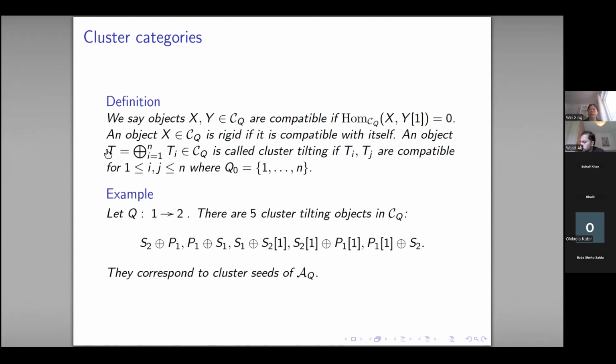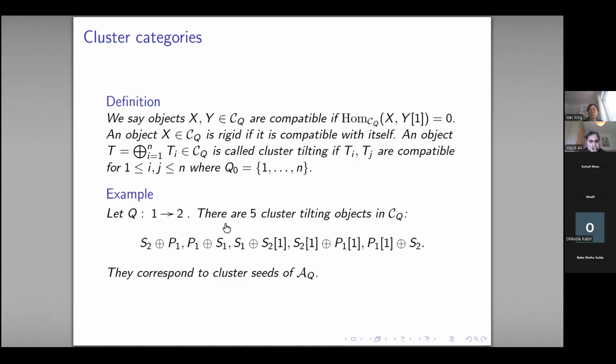And moreover, we call an object cluster tilting if this object is given by n indecomposable direct summands, and every pair of objects Ti and Tj are compatible with each other. And of course, in this case, i can be the same as j, which means that each indecomposable direct summand Ti should be compatible with itself.